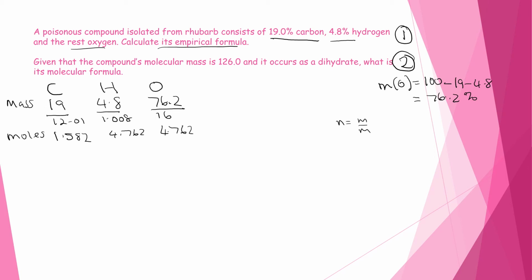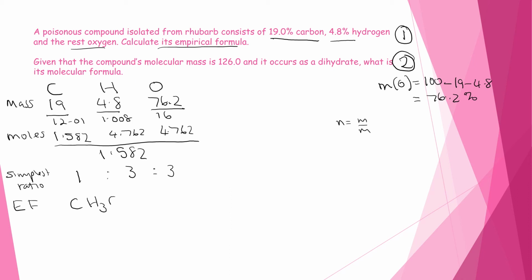I've stored all of those in my calculator. To get the simplest ratio, we divide by the smallest, which here is 1.582. So we divide the whole lot by 1.582. Obviously this one will come out to 1, this will come out to 3, and this will come out to 3. So the empirical formula then is CH3O3.